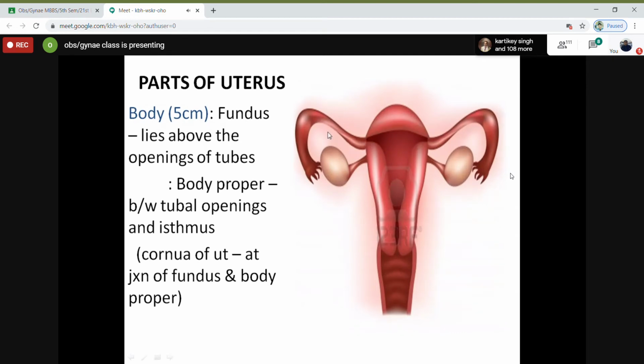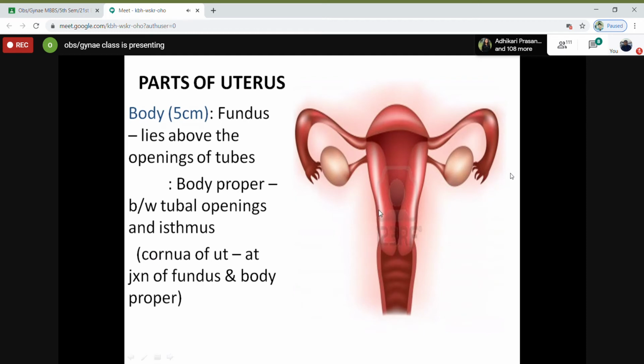The dome-shaped thing above the openings of the fallopian tubes is the fundus. The body proper is between the two tubal openings and up till the isthmus. Now what is the isthmus? It is the narrowest part of the body, so the body goes up till the isthmus of the uterus.